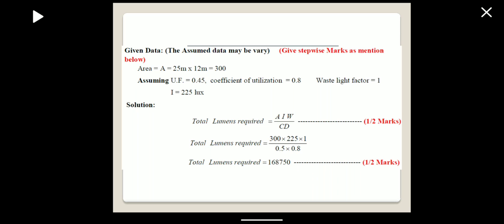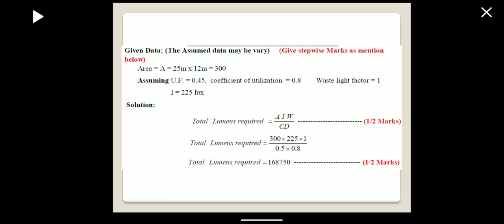Then the waste light factor is 1 and the illumination I is 220. So total lumens required is equal to area into I into W, that means waste light factor, illumination into area divided by C into D. So calculate the total lumens.